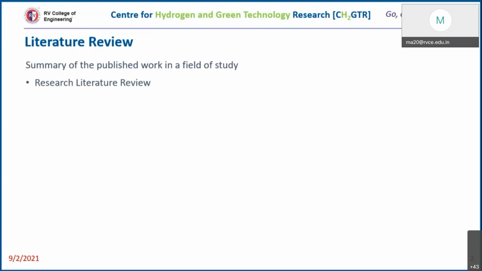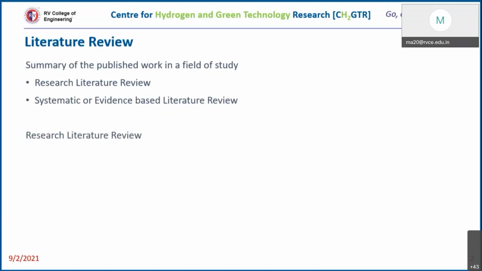A few universities and publishers have come up with different methods of doing it. According to one publisher, Emerald Publishing, literature review is of two types. One is the research literature review, the other is the systematic or evidence-based literature review.